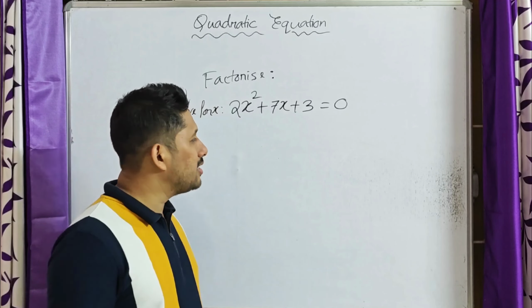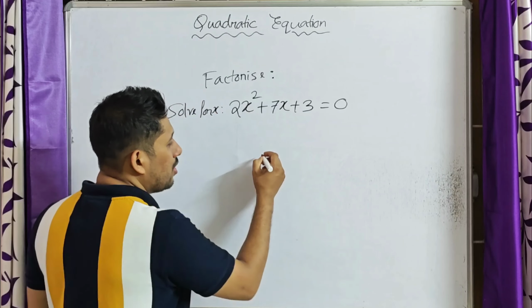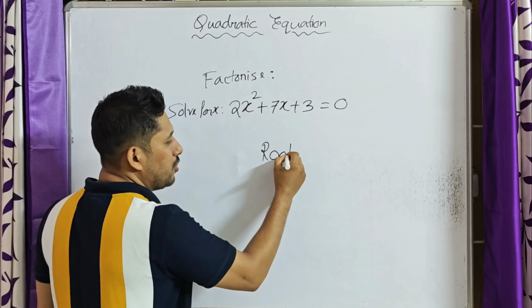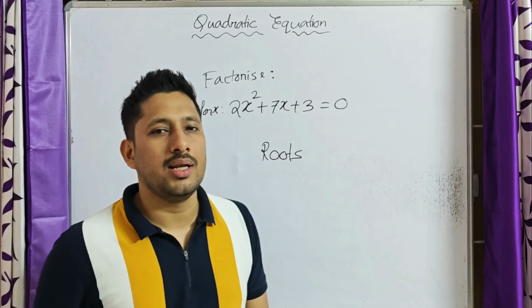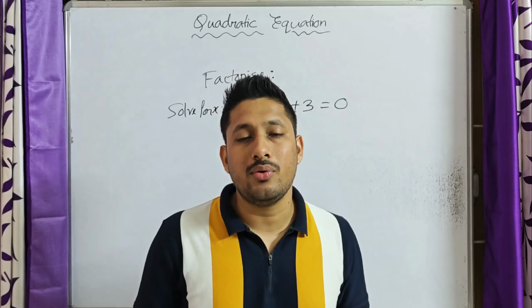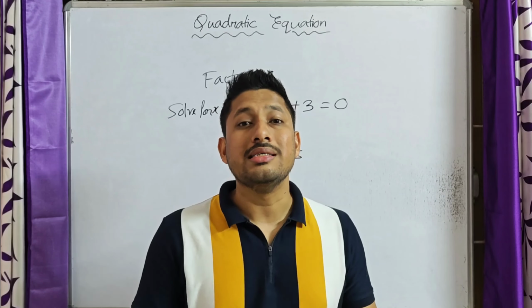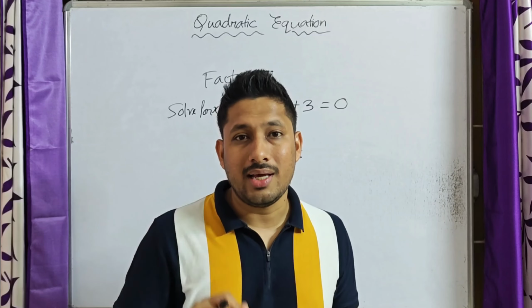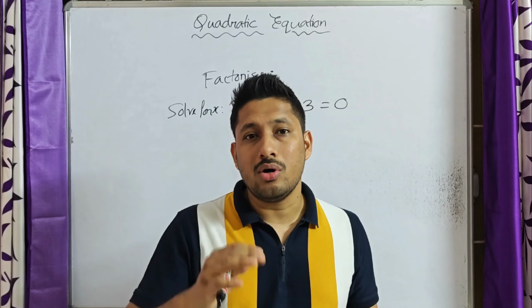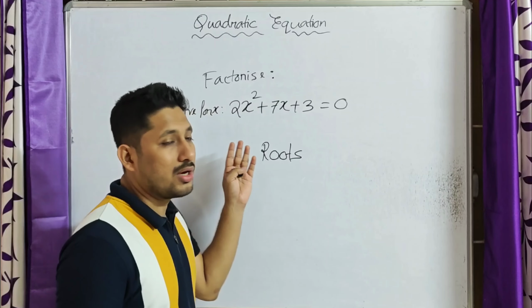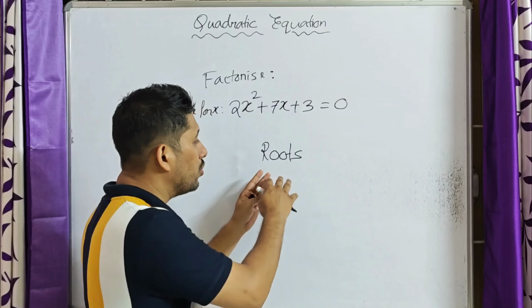Now, the answers of a quadratic equation are called roots. If you remember, in the chapter polynomial, we learned that whenever we find the answers of a quadratic polynomial, the answers are called zeros, right? Alpha and beta, I hope you remember. So those are called zeros. However, in the quadratic equation chapter, the same things are known as roots.